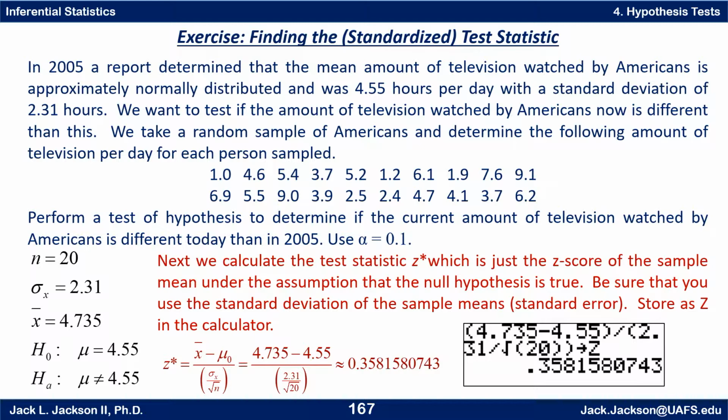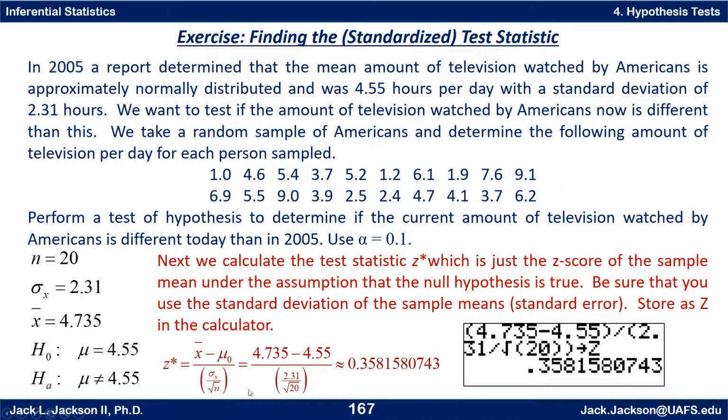Now, if we want to use the critical value method, we need to compute the test statistic, which is just a z-score of the sample mean under the assumption that the null hypothesis is true. So we need to take the X bar value, which is 4.735, minus the hypothesized mean. According to the null hypothesis, that's 4.55.